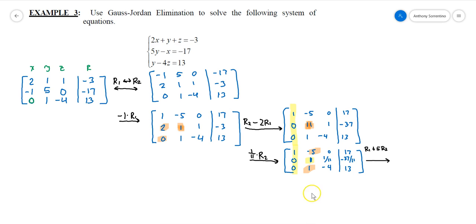The reason being is that -5 plus 5 times 1 is going to become 0. I also want this 1 to become a 0, so I'm just going to take row 3 and subtract row 1, because this 1 minus that 1 is going to give me the 0 I want here.